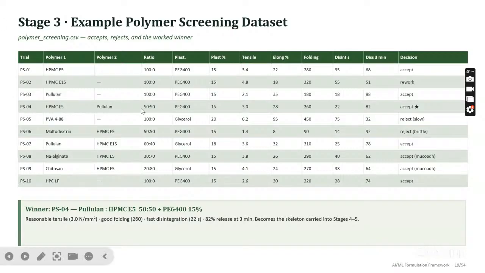PS4 is accepted out of all these trials: a Pullulan-HPMC 50-50 blend with PEG, good tensile strength, fast disintegration, and 82% release at 3 minutes. That becomes the skeleton for the next stages. So like this, you should evaluate the schema and process the experiments. Okay, next.